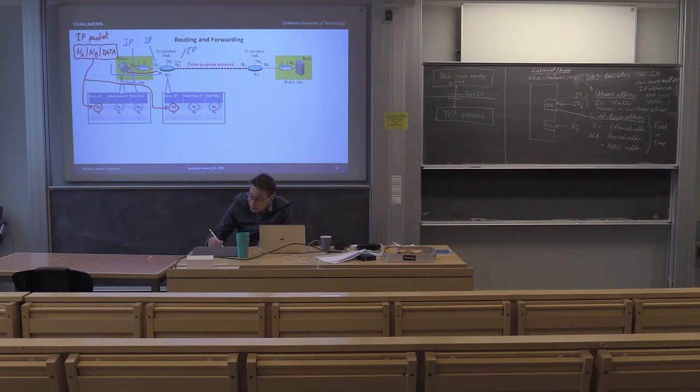So it should go out this interface, not that way, but this way, because that's what the table told us. Then the IP packet goes over here, and the process of going from here to here is called forwarding.